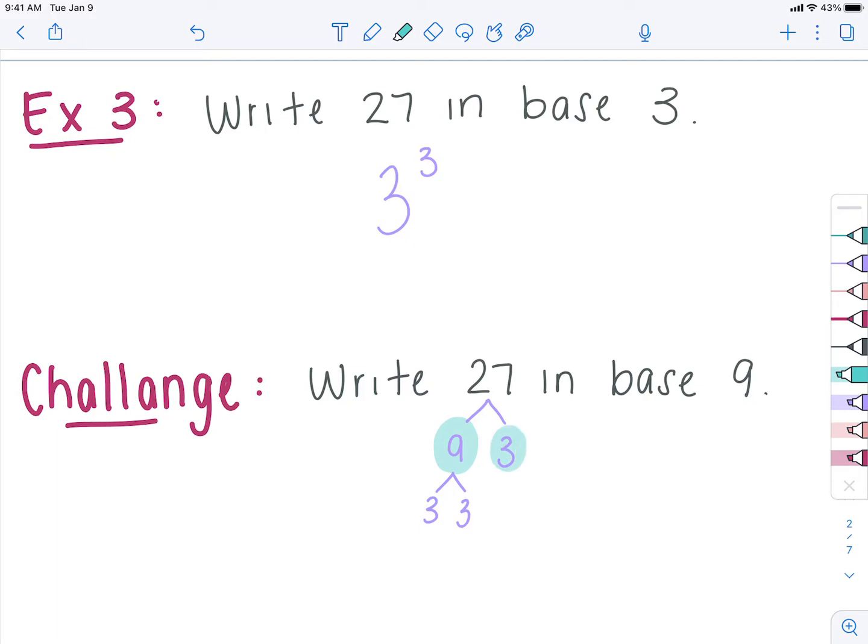So I could really say it's 9 to the 1.5, or if I like fractions better, I could say it's 9 to the 3 halves. Either way, because I have one full 9 in 27, and then I have half of a 9, so 1 1/2, or 3 halves.